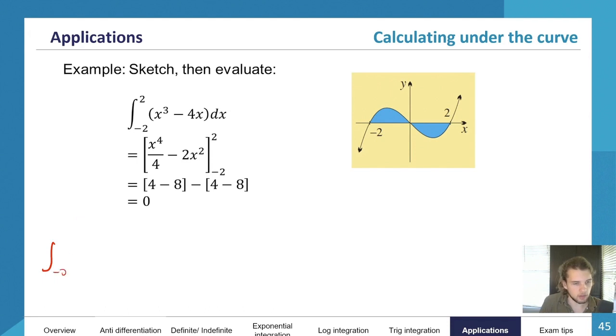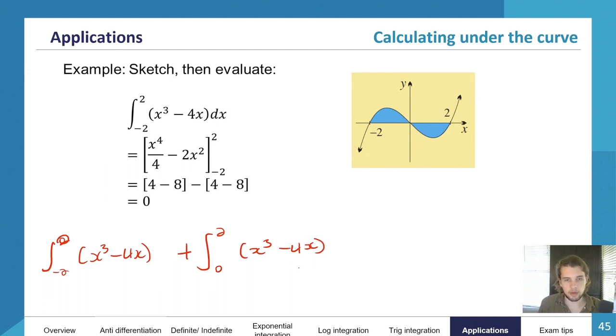We have minus 2 to 2, and then we have our equation, x to the power of 3 minus 4x, and then we're adding 0 to 2, x to the power of 3 minus 4x.